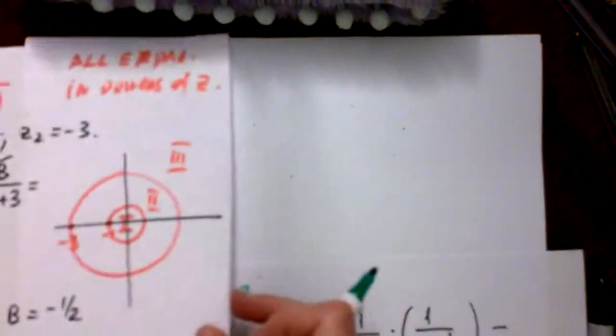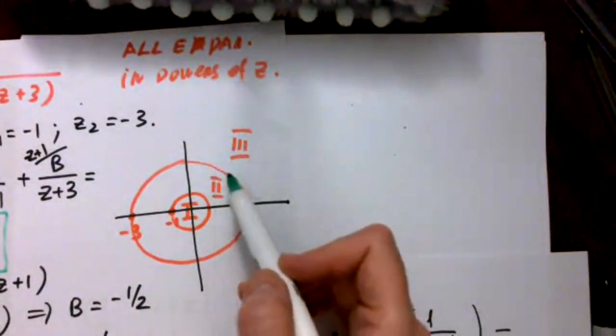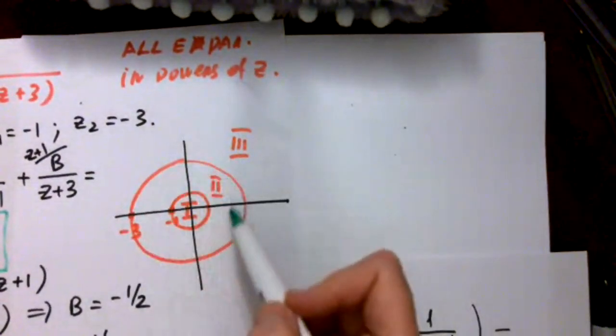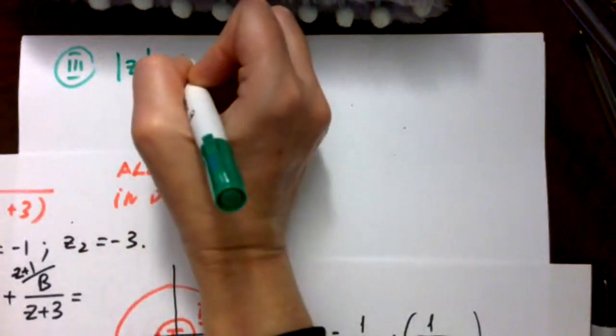Okay, now it's time to finish this problem, because we still have the very last region of expansion, which is the external region with respect to the biggest circle. So it could be written as absolute value of z is bigger than 3, the radius of the biggest circle.